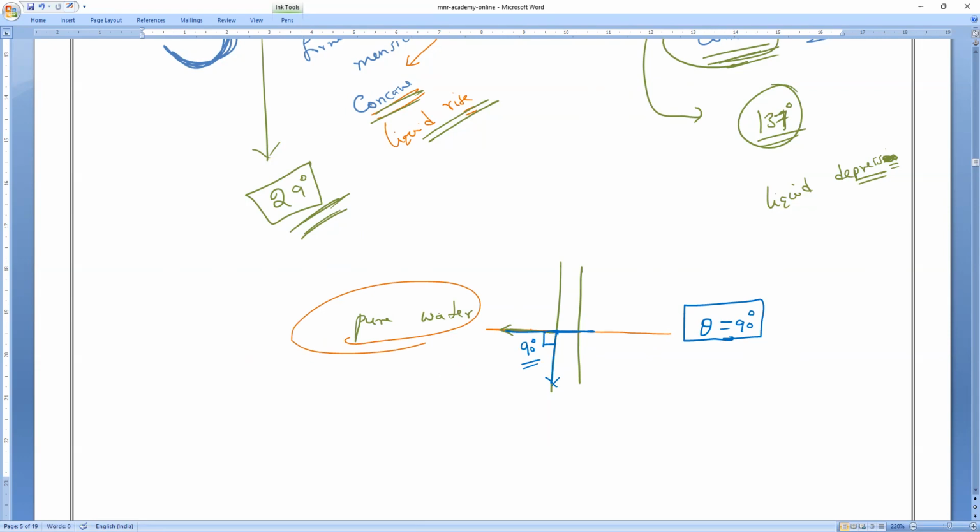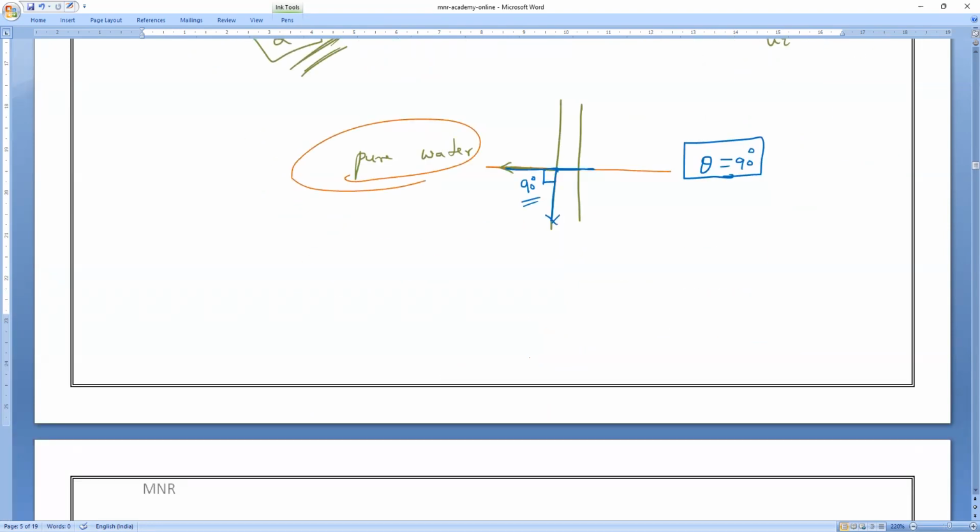Now, what makes these liquids rise or depress? The reason behind it is the types of forces: cohesive force and adhesive force.